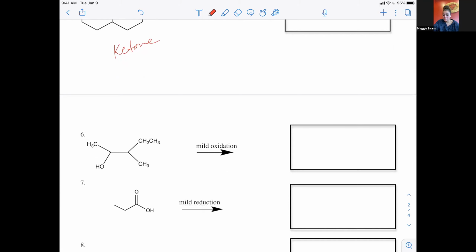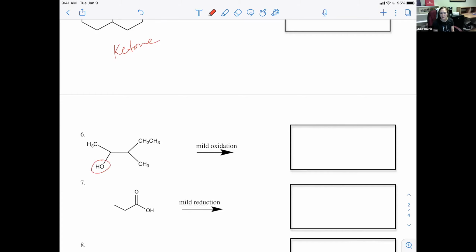Yeah, where's your alcohol? On the left side. Yeah, you're exactly right. This is an alcohol, and the rest is just carbon-hydrogen bonds. So this is the only functional group.